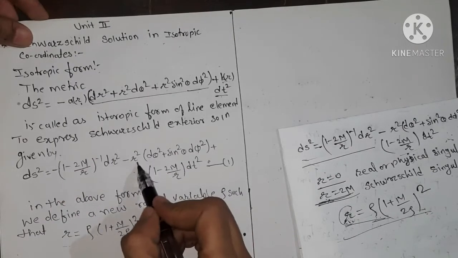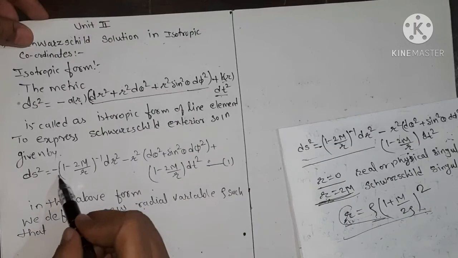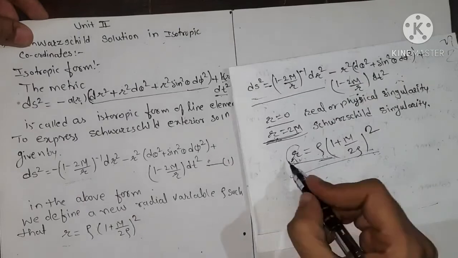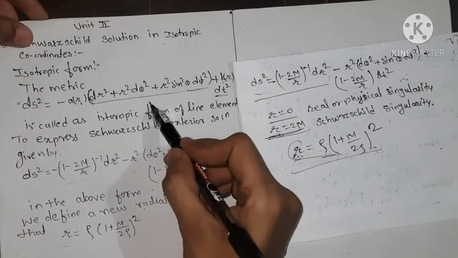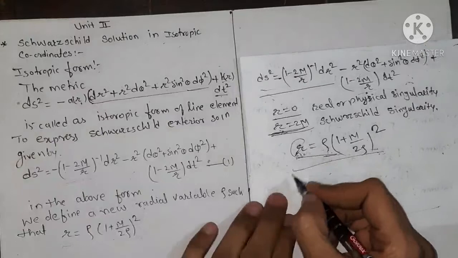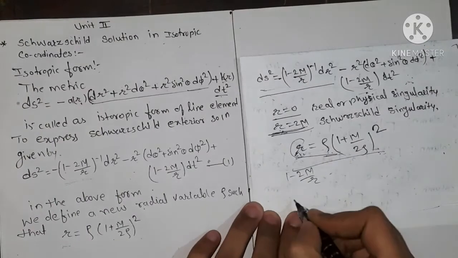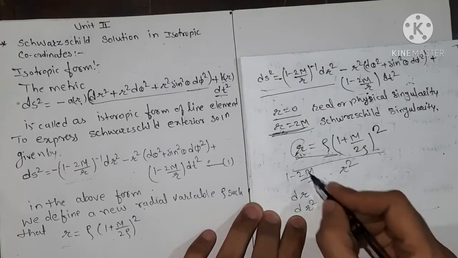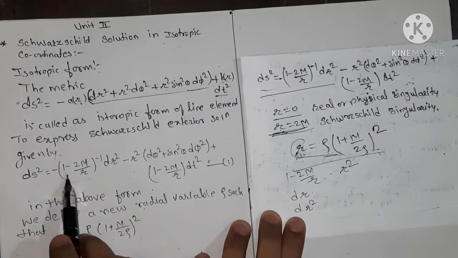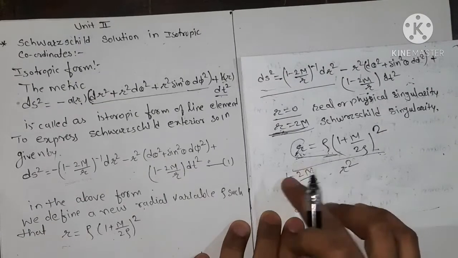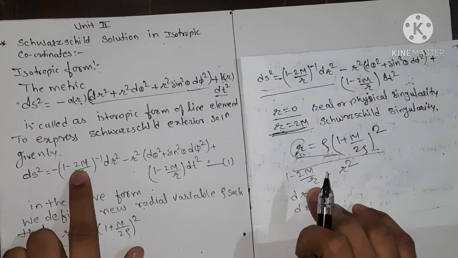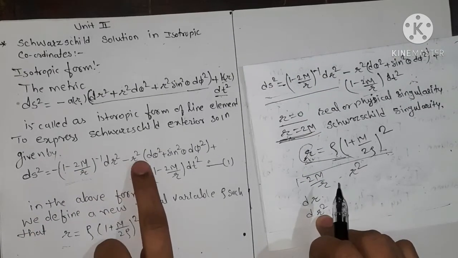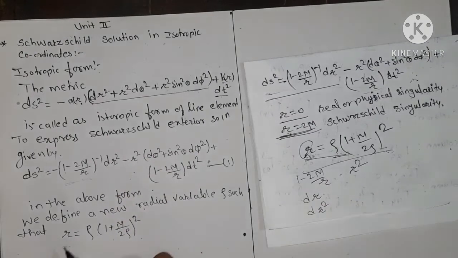We have to calculate r², we have to calculate 1 - 2m/r because this term is here. To convert this form into this form, since r is given, we calculate 1 - 2m/r, dr and dr², and r², substituting the values here.